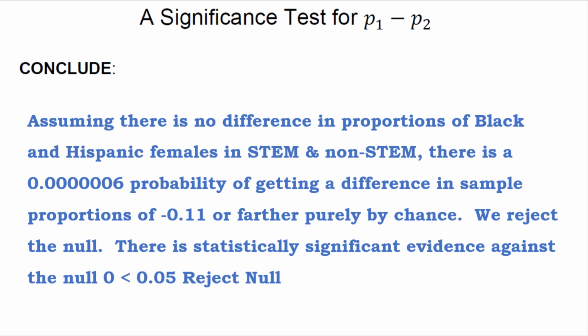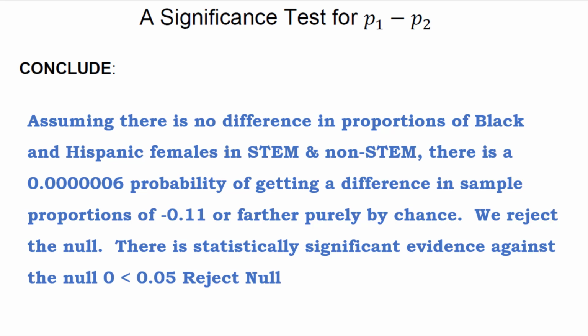So there's no difference in proportions of Black and Hispanic females in STEM and non-STEM. There is a 0.000006 probability, or you could just put 0 there to begin with, of getting a difference in sample proportions of our statistic right there of negative 0.11 or farther purely by chance.